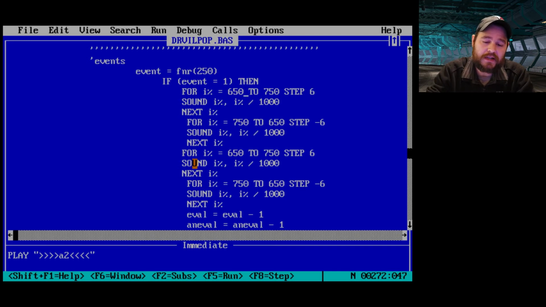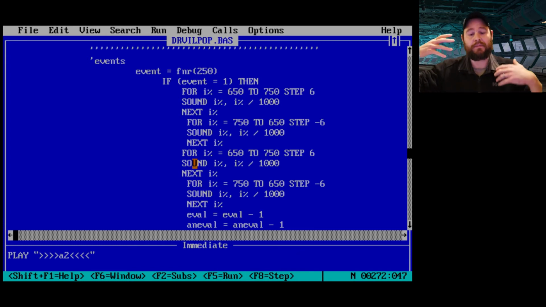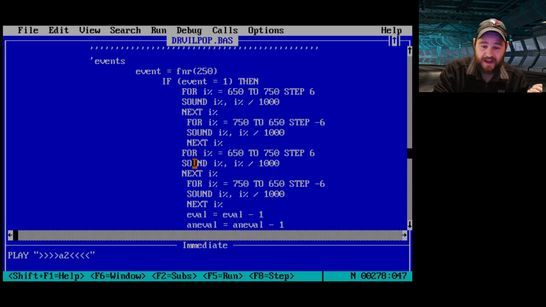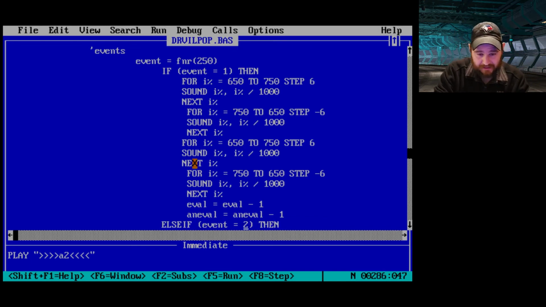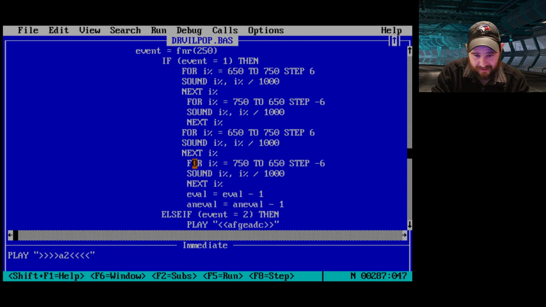Okay, so your frequency is 650 hertz, and you're going to play it for 0.65 clock ticks. And if there's 18.2 in a second, we're talking about less than 1/20th of a second here. But then it's going to increase up to 750. And when it gets to 750, it's a little bit higher, and it's playing a little bit longer, then it's going to go back down to 650, and then go up again. It's going to oscillate, and we're going to get something awesome.